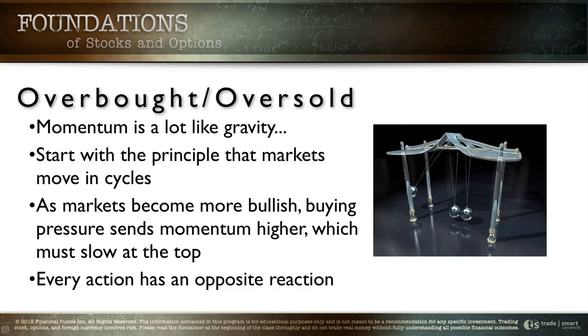Overbought, oversold. Well, as I've already alluded to, momentum's a lot like gravity. I like these gravity balls because they really make a good point here, and it gets the idea of the oscillator very, very clear. If you've ever seen these little doodads, I think they're called gravity balls. You pull one of these up, and then you let it go, and as it swings down, what does it do?